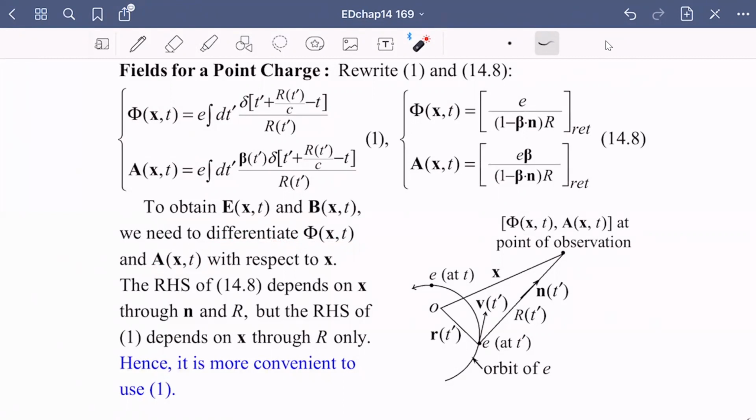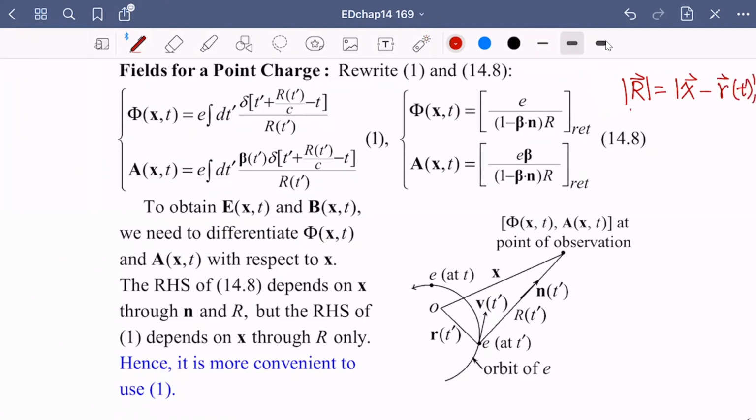And the right-hand side of equation 14.8 depends on x through n and R. Is there x dependence in here? Yes. Remember, R is x minus R t prime.